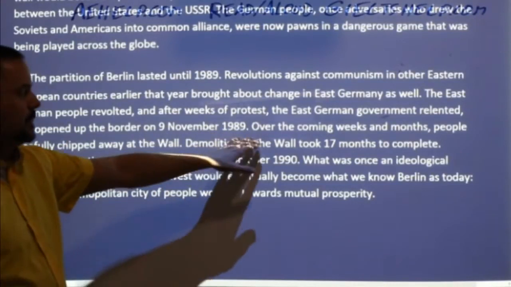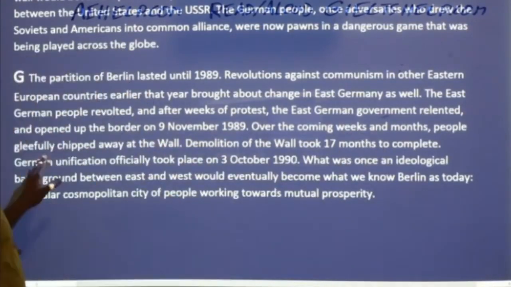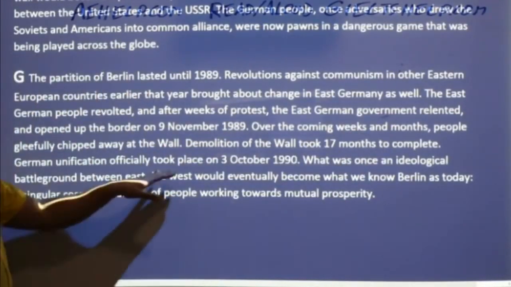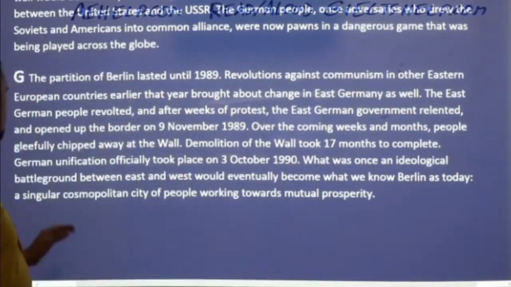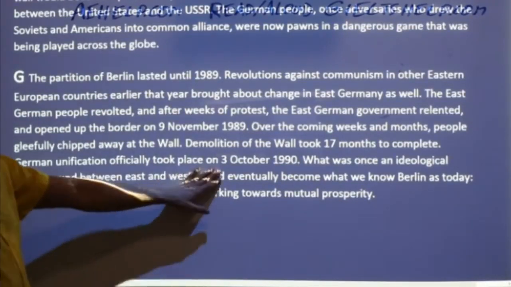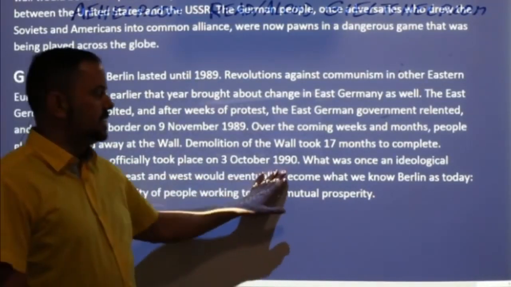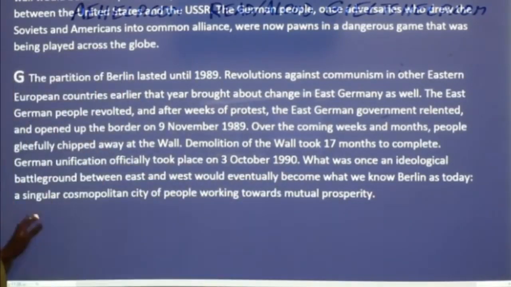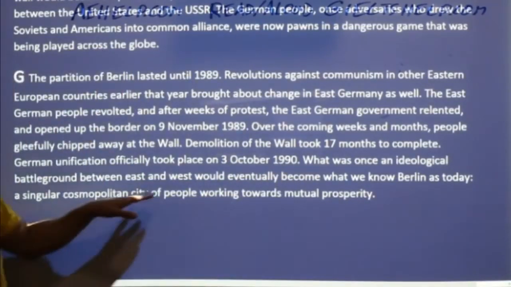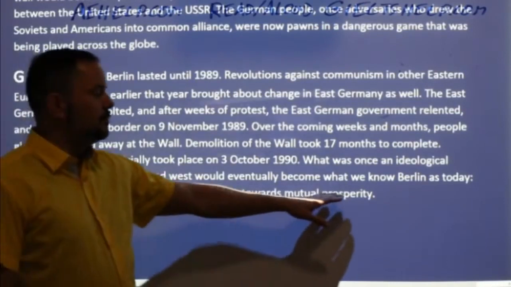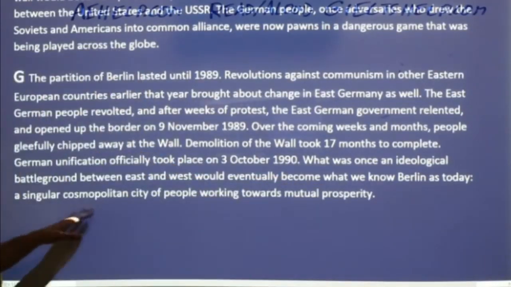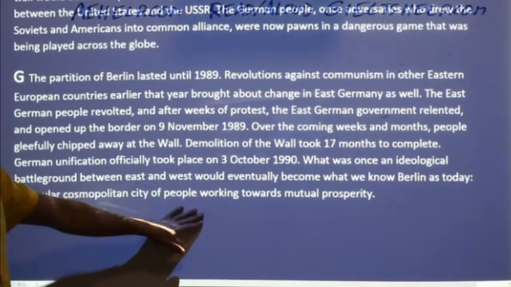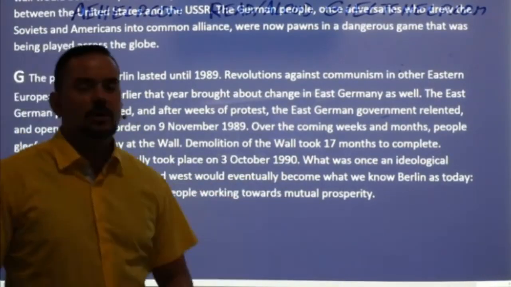Over the coming weeks and months, people gleefully chipped away at the wall. Demolition of the wall took 17 months to complete. German unification officially took place on 3rd of October 1990. What was once an ideological battleground between East and West would eventually become what we know Berlin as today, a singular cosmopolitan city of people working towards mutual prosperity.